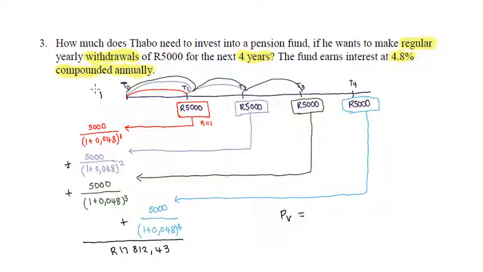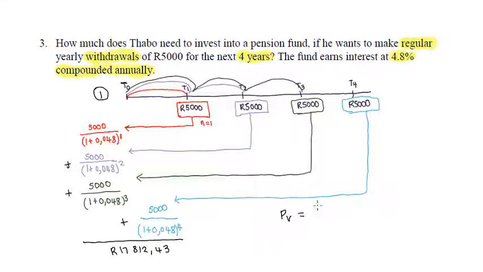If you find it hard, you can think about it using this first method that I showed you over here. Think about the withdrawals that are going to happen, and then go backwards and think of the principal amount that you would have to deposit into an account and invest for a certain period to get to that 5,000 Rand. Thinking about it that way can help you out as well.